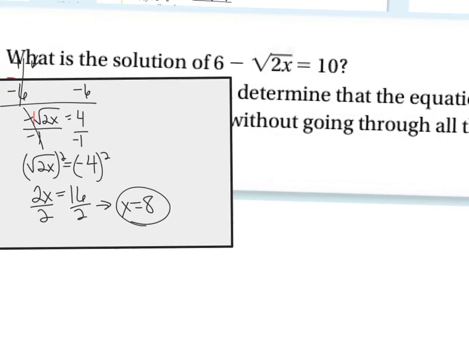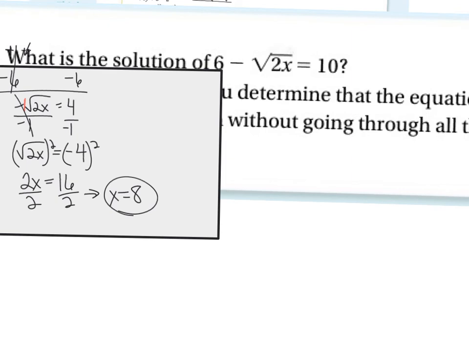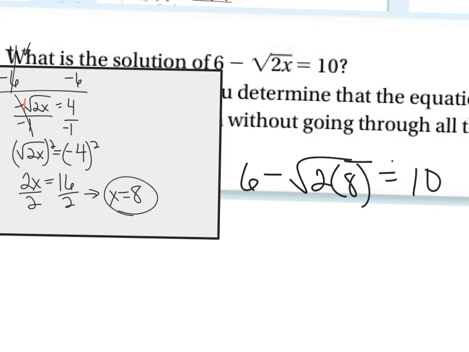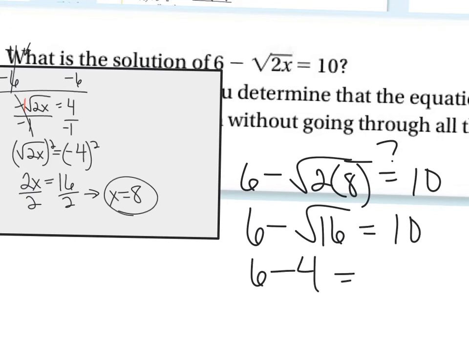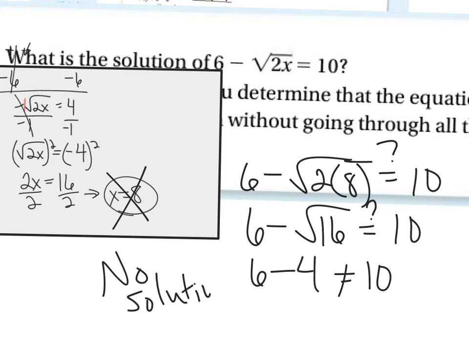So once we get x equals 8, let's try that out and see what happens here. So the question is, does 6 minus 4 equal 10? And the answer is no. So that actually is an extraneous solution. We have no solution for this problem.